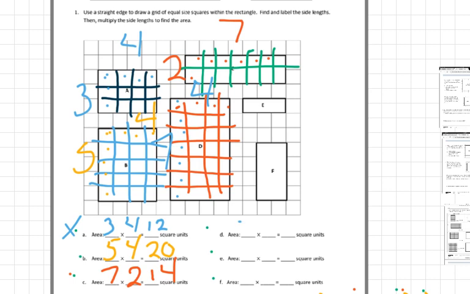So we need to know what is 7 times 4, or 4 times 7. I know that all you guys know that 7 times 4 is 7 groups of 4, or 4 groups of 7, or skip count by 7 4 times, or skip count by 4 7 times. Any way you do it, you should get 28. Is that what you got?